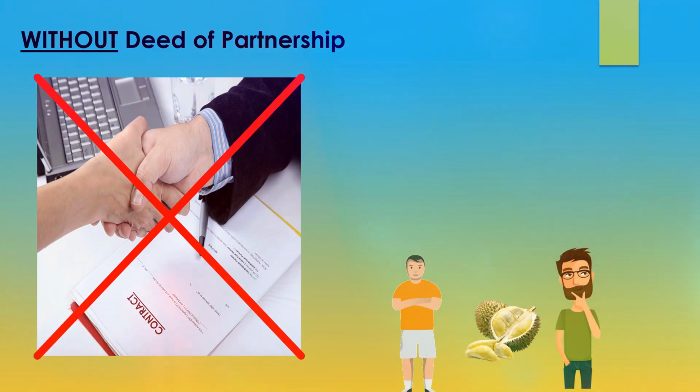What if there is no deed of partnership or no other formal agreement between the partners? Okay, so let's have a look at this example. Sam and Kamal have discussed via handphone to open a small stall to sell durian at their Pasar Malam village.